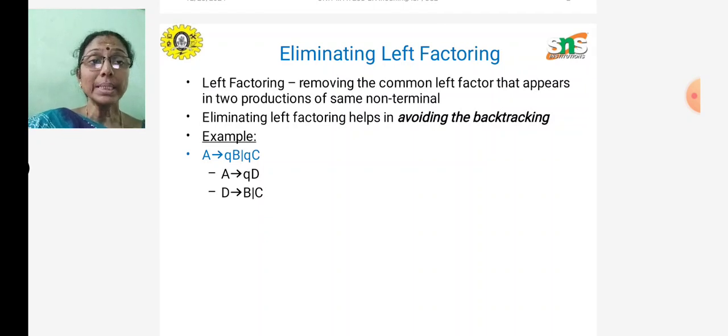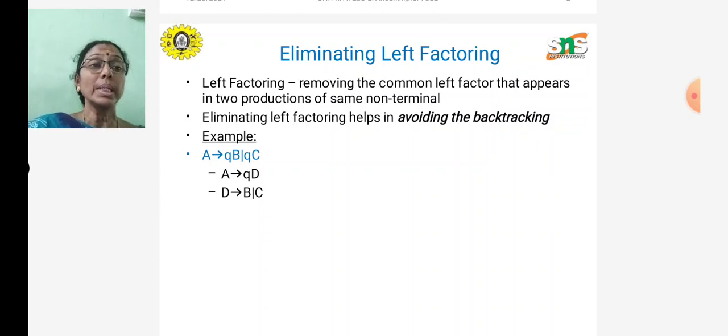Left factoring: in the grammar we have a production, for example A tends to αβ1 or αβ2, so you have two alternative derivations for the given left-hand-side non-terminal. When deriving, the parser first takes one alternative, replacing the non-terminal A. If the input string is not derived, it backtracks and moves on to find the other alternative for deriving the input string.